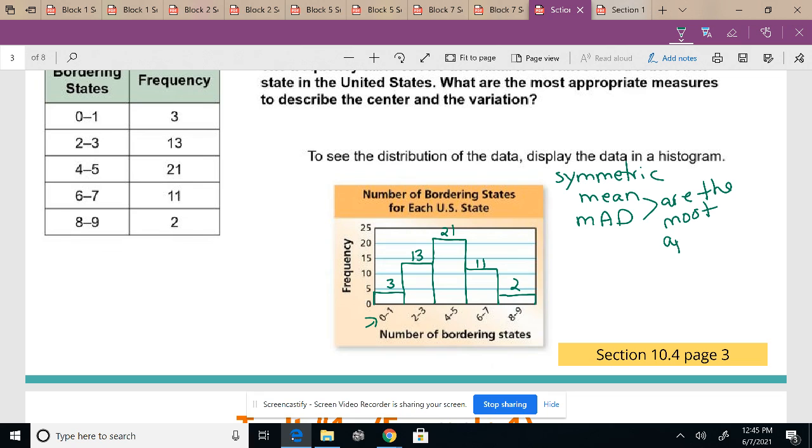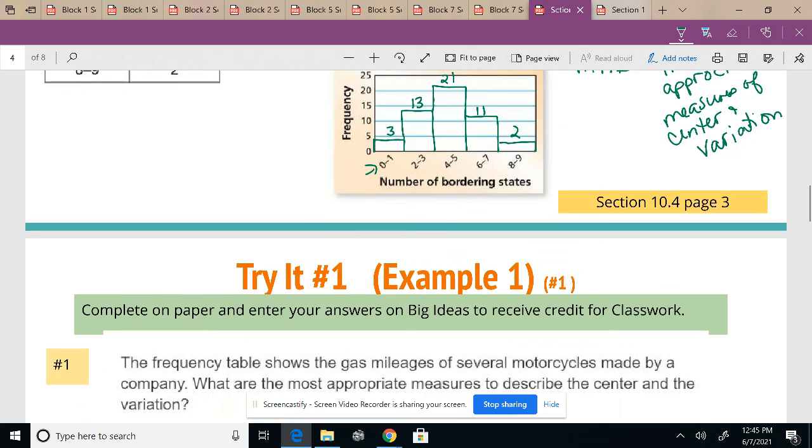Now, obviously, you can use the others, but when it's symmetric, those are the most appropriate measures of center and variation. Because remember, the measure of center is the mean, and the mean absolute deviation is the measure of variation. All right? And that's all you need to do for that one.